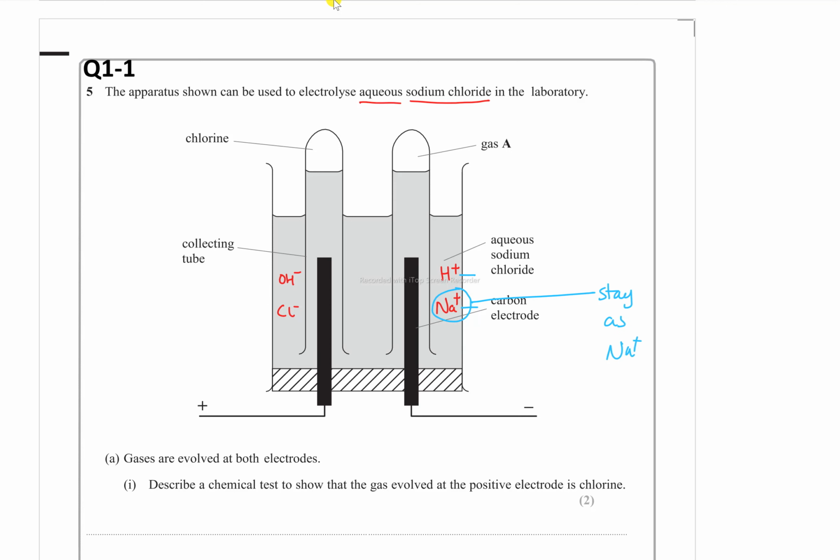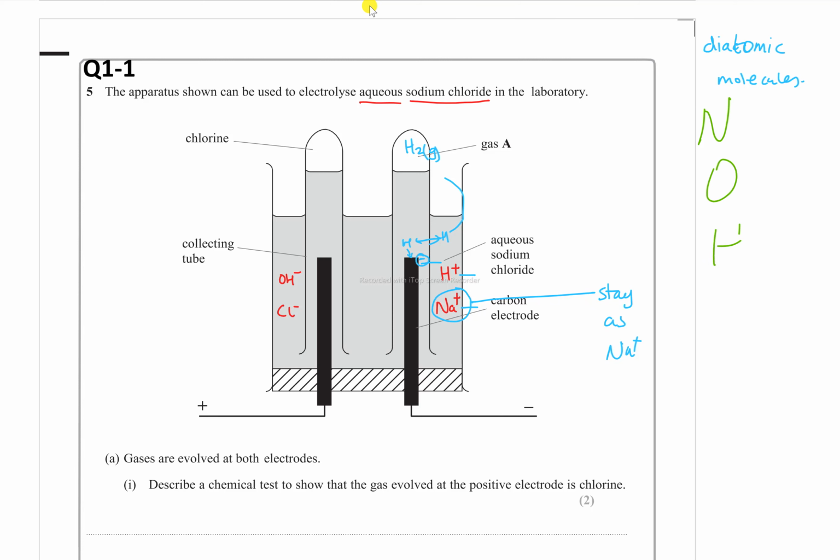So what happens is this hydrogen ion goes over, picks up an electron, becomes a hydrogen atom. Another one goes across, picks up another electron. These two join up and they become hydrogen gas. Remember the word diatomic molecules.